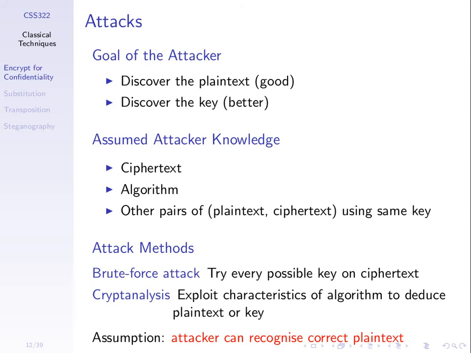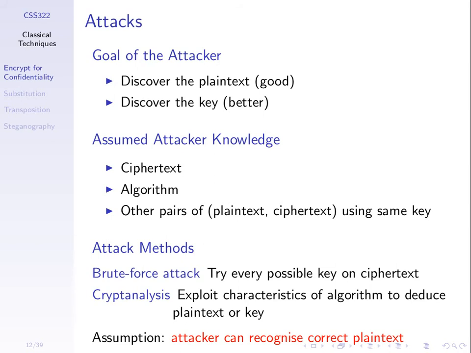So the methods the attacker has: brute force, try all keys. Almost always works, brute force, if you've got enough time and enough computer resources. Think of that as the dumb approach, just try them all. Then the other approach is cryptanalysis. Use a little bit more intelligence.